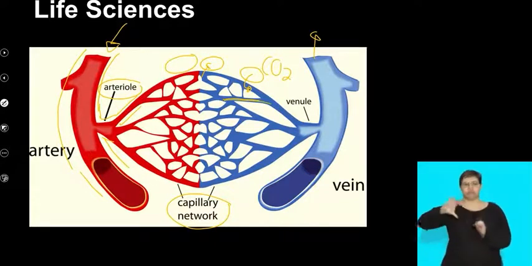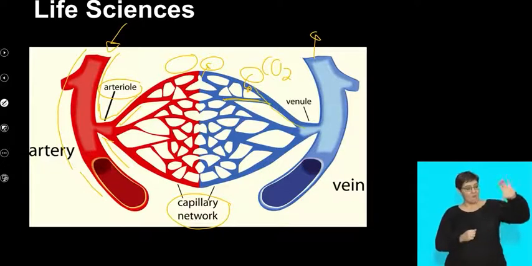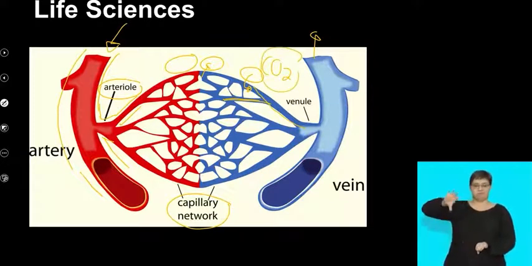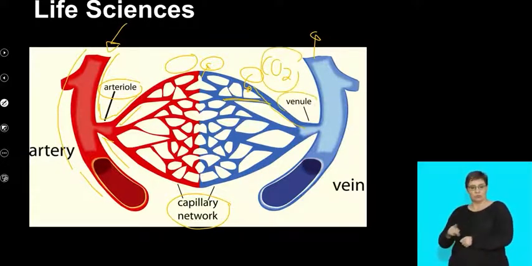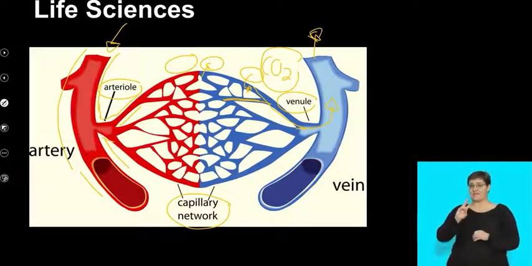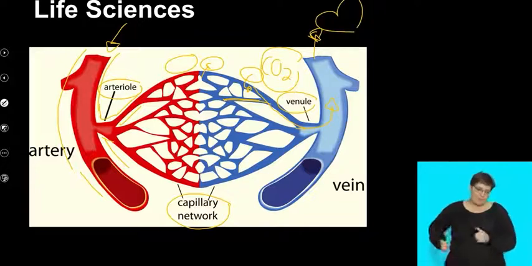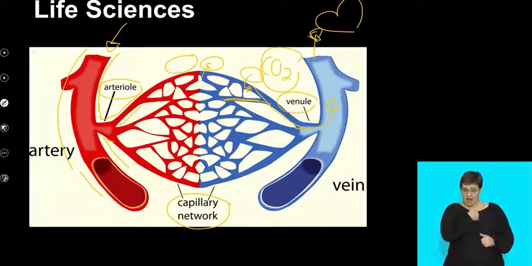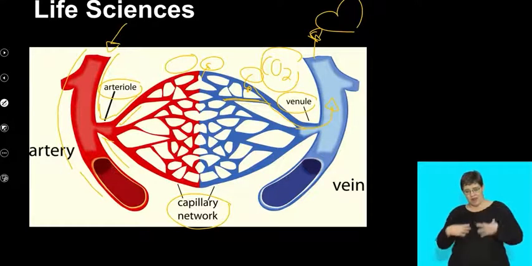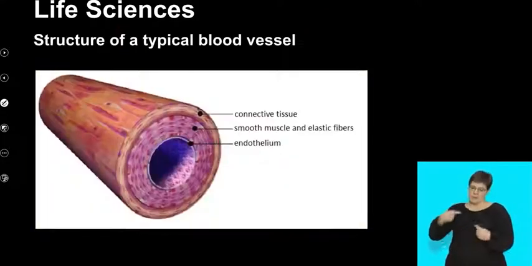The small capillaries, because they're full of carbon dioxide, we use them as blue, are going to go into a small venule, and those small venules are going to enter into really big veins. And those veins are then going to take the blood to the heart, and the heart is then going to pump the blood to the lungs to get nice, fresh, oxygenated air.